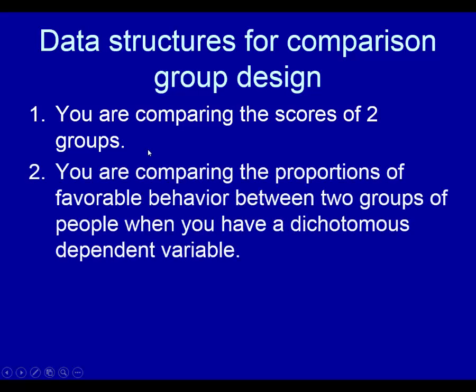Number two, you are comparing the proportions of favorable behavior between two groups of people when you have a dichotomous dependent variable, such as improvement, yes or no. And you're comparing two groups, your treatment group and your comparison group, in regard to whether each person was categorized as improved or not improved.